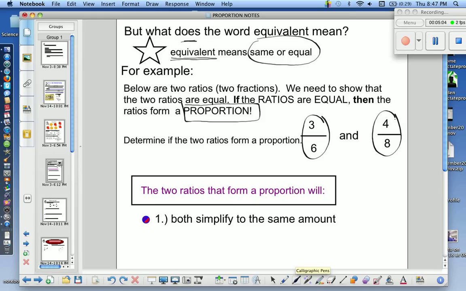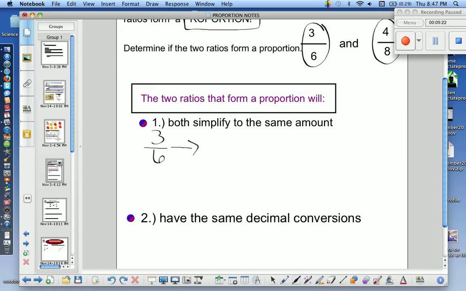There are 3 ways we can show this, and the first way we're going to try is just to simplify the fractions. When you simplify them, if they're the same, that means they're equal, and that means the ratios form a proportion. I'm going to show it first. The first ratio, 3/6, reduces to the fraction 1/2.